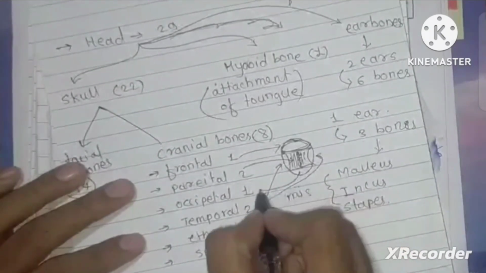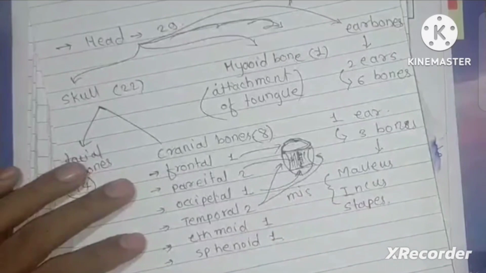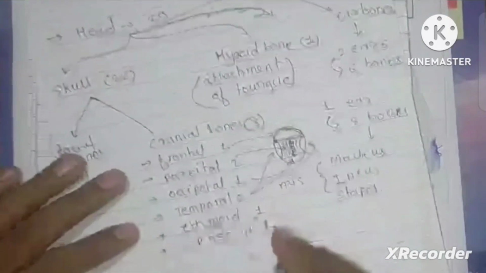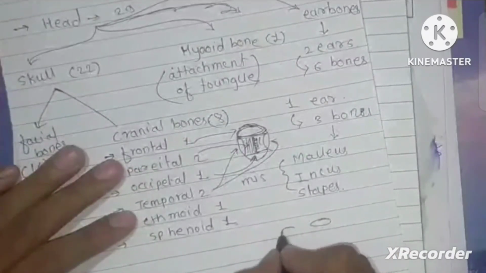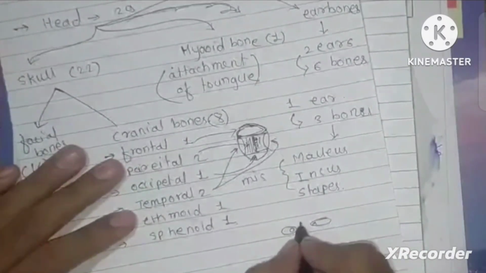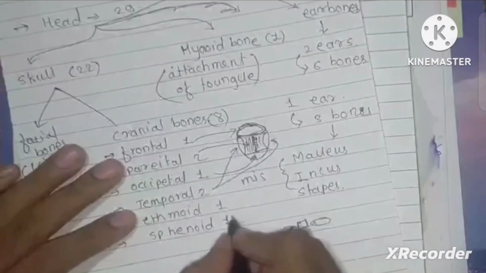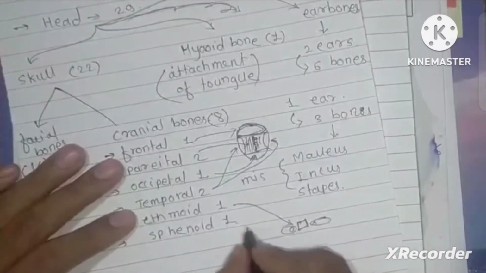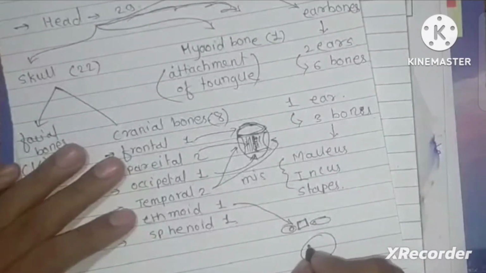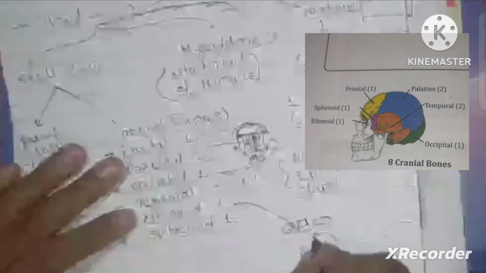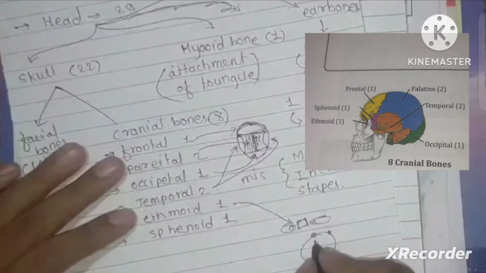Ethmoid bone. Ethmoid bone is in between our two eyes. You can see here is the ethmoid, and sphenoid bone is in the sides. If this is the skull, these are two eyes.